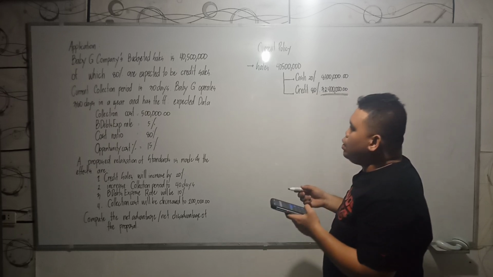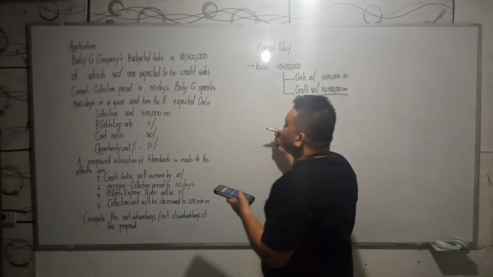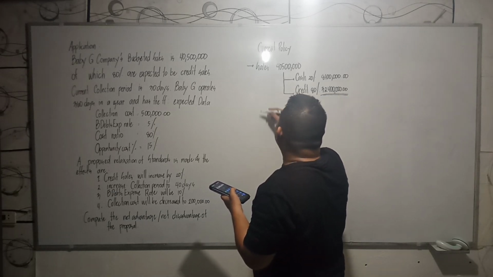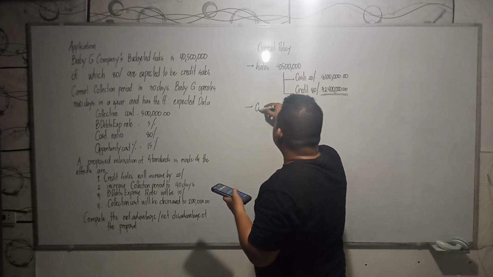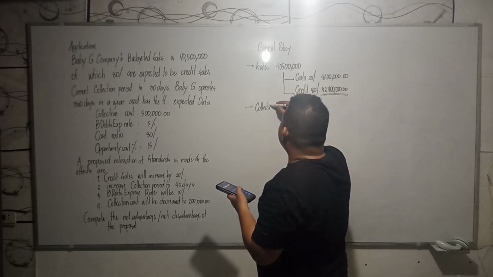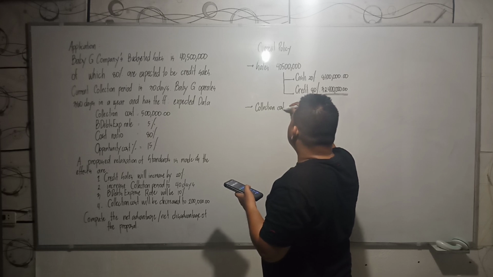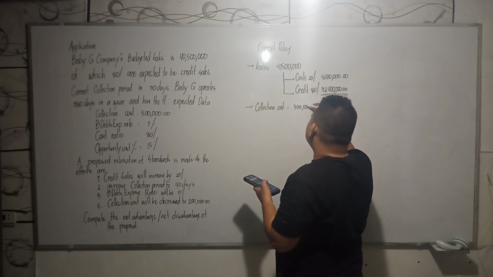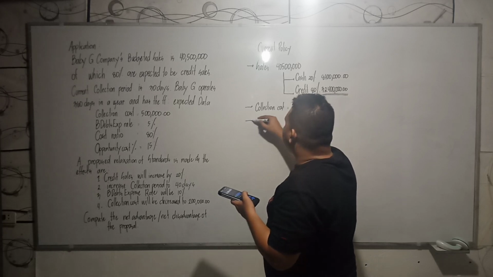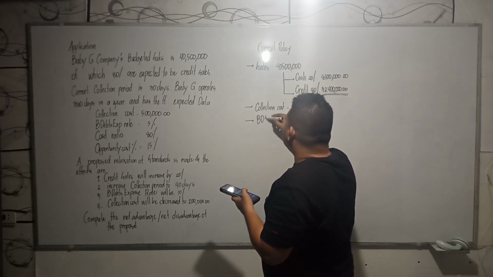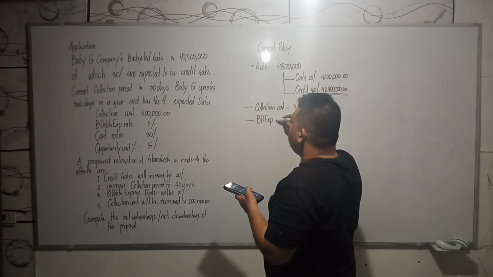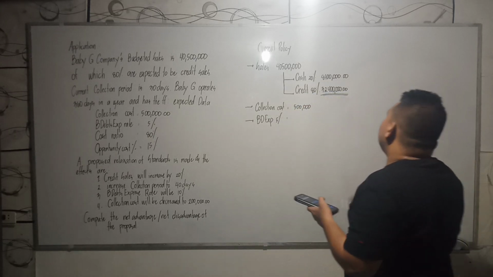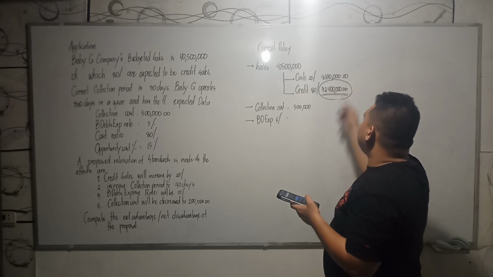Now, how about the other things, like for example, the collection cost. This is important. It is 500,000 here, right? And then we have the budget expense, which is 5%. We can already get the amount because we have already computed the credit sales.